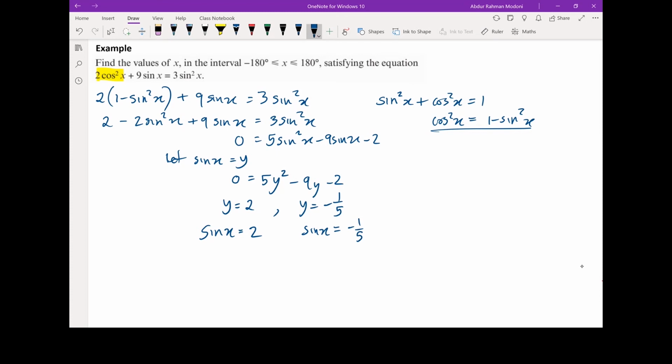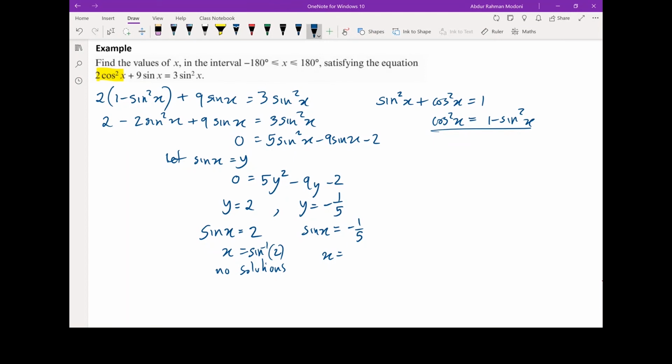Now, when we try and solve sine x is equal to 2, that gives us an error, and you can check that using your calculator. No solutions here. But sine x equals minus a fifth, we should be able to solve that.